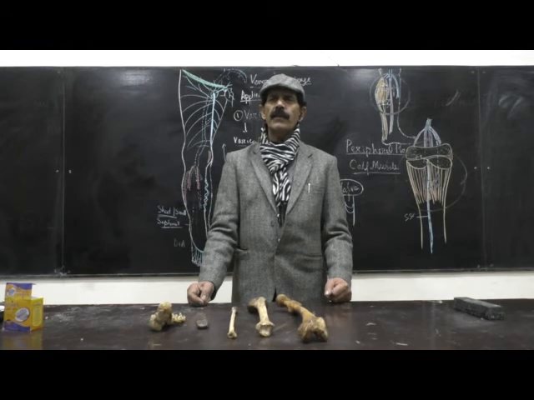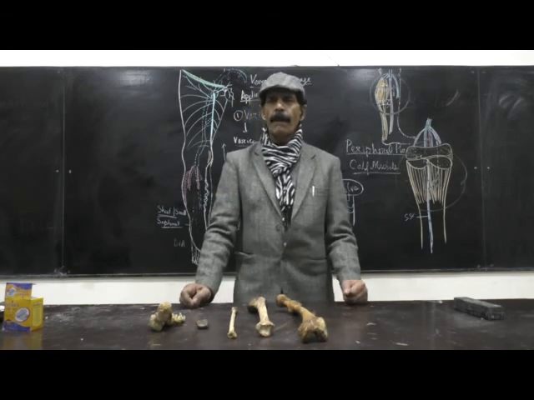So this clotted blood damages the walls of the veins.